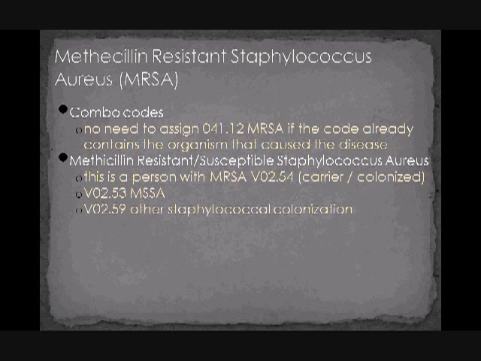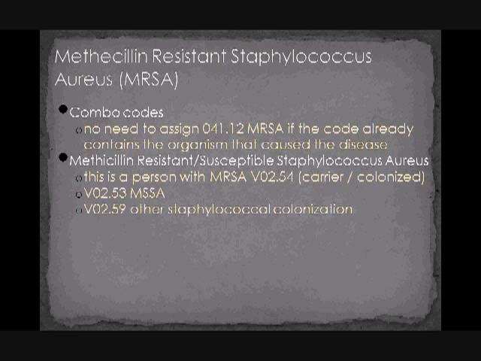Early on we mentioned septicemia, and in part 4, I believe, I was talking about combination codes and explaining what combination codes are. So for instance, we have 041.12, which is MRSA, methicillin-resistant Staphylococcus aureus.